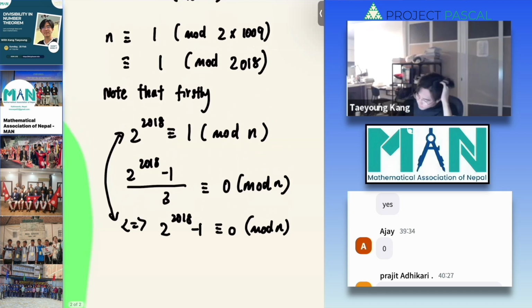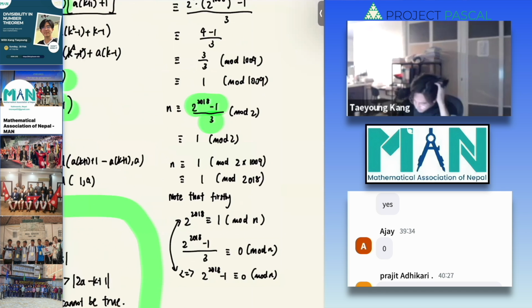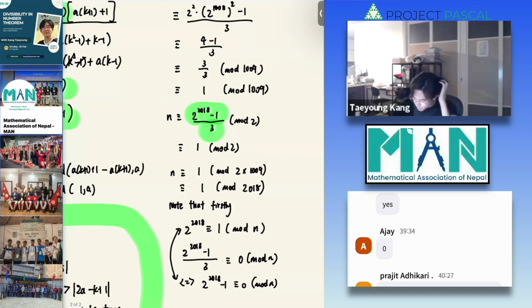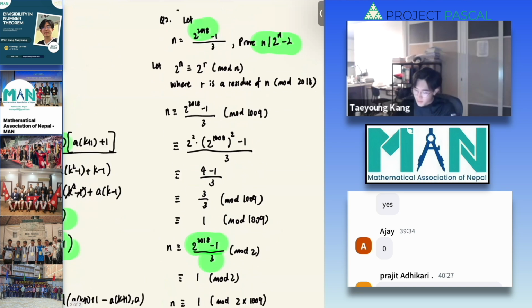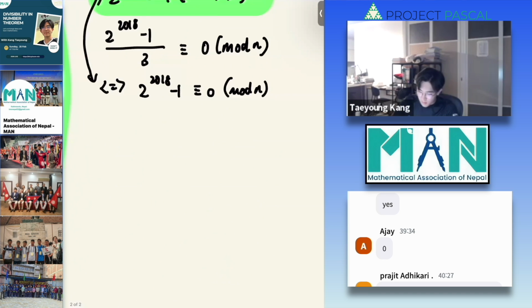So the result that 2 to the power of 2018 is congruent to 1 mod n basically allows us to make this assumption. Because if we have 2 to the power of n, it is congruent to 2 to the power of n minus any multiple of 2018 mod n.